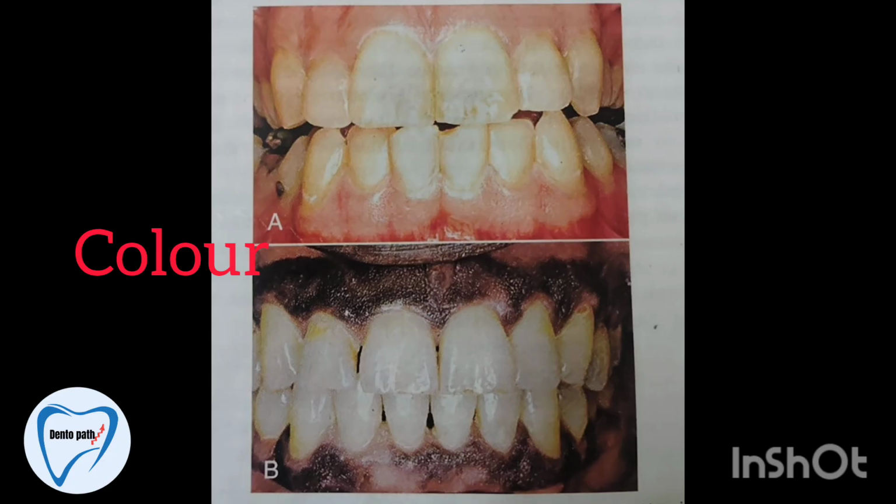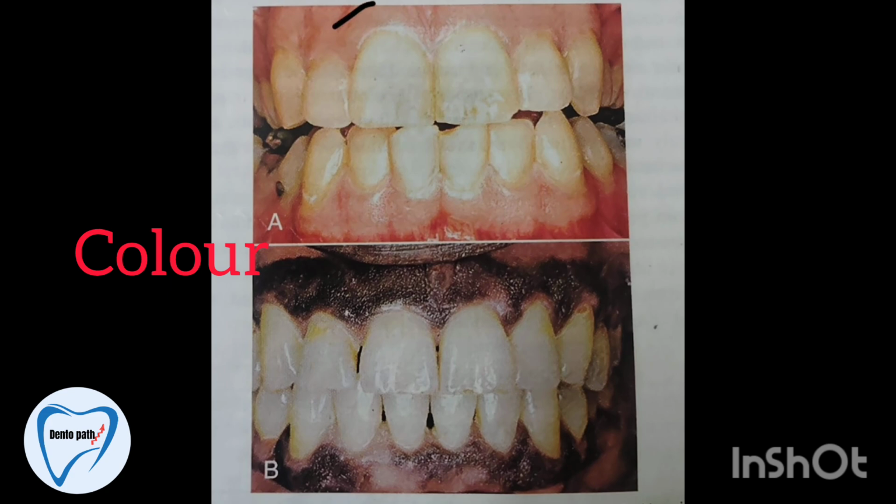It is lighter in blonde individuals with fair complexion than in swarthy, dark-haired individuals. Attached gingiva is demarcated from the adjacent alveolar mucosa on the buccal aspect by a clearly defined mucogingival line. Here we can see this mucogingival line, identified by its color.